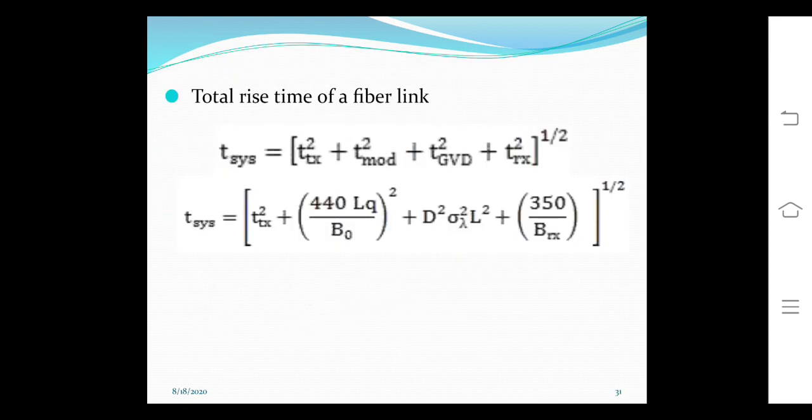So T sys equals the square root of T transmit square plus, substituting the individual values, T mod which is 440 LQ by B naught square, plus TGVD which is D square sigma lambda square L square, plus T receive which is 350 by BRX. The square root of all these four values gives the total rise time of the system.